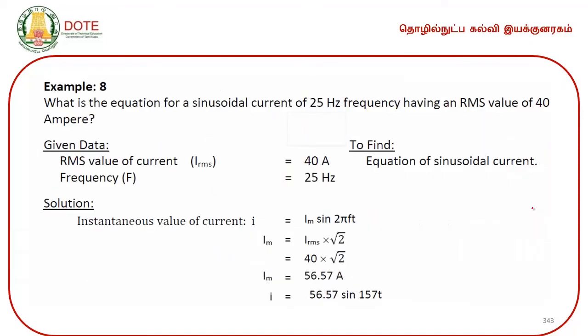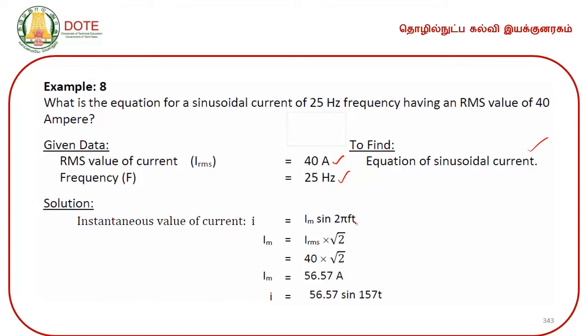What is the equation for a sinusoidal current of 25 hertz frequency having RMS value of 40 ampere? So, the given data is RMS value of current is 40 ampere, frequency is 25 hertz. We need to find out the equation of sinusoidal current.